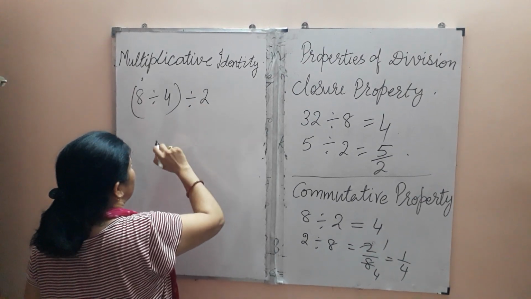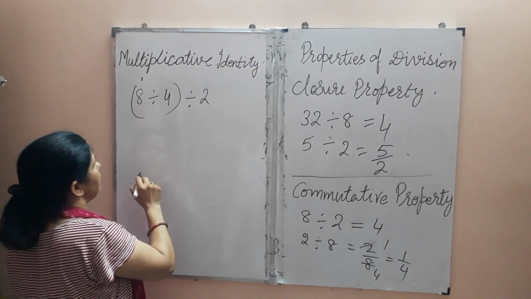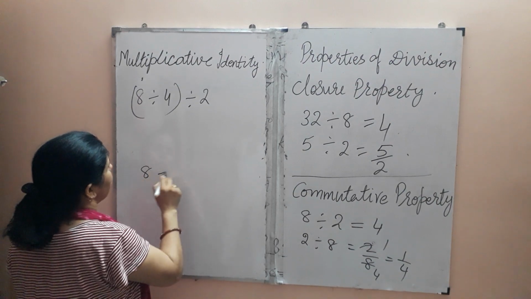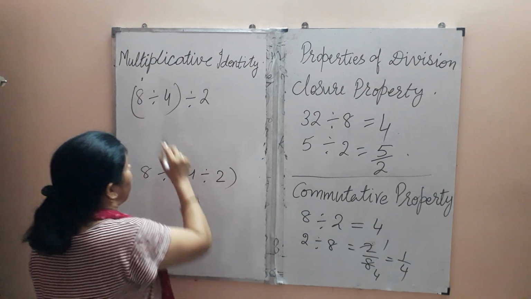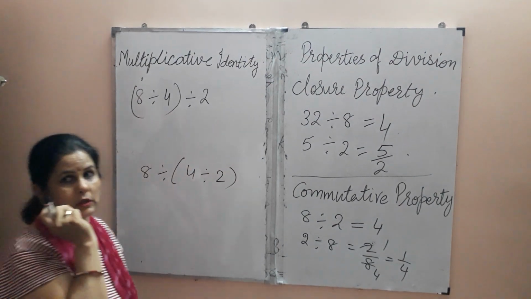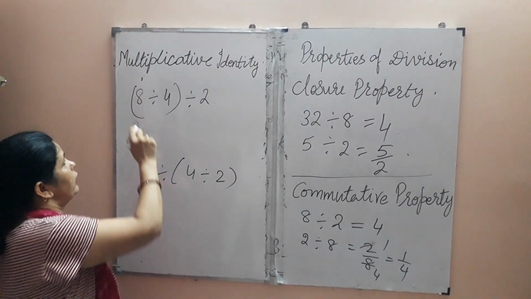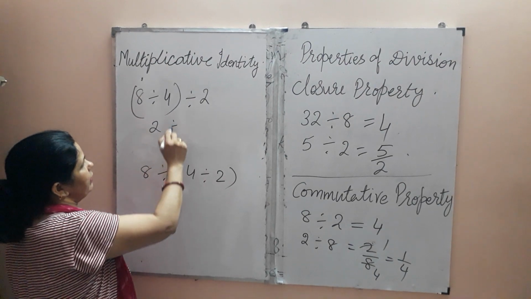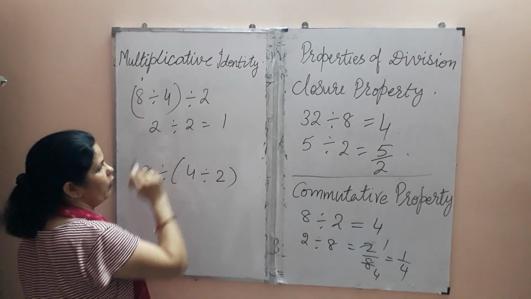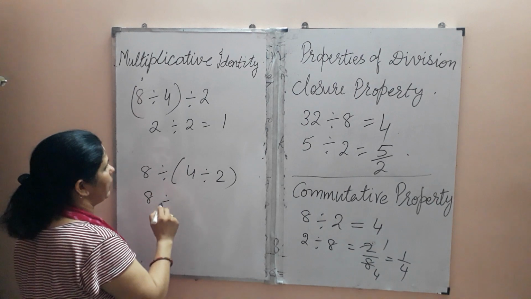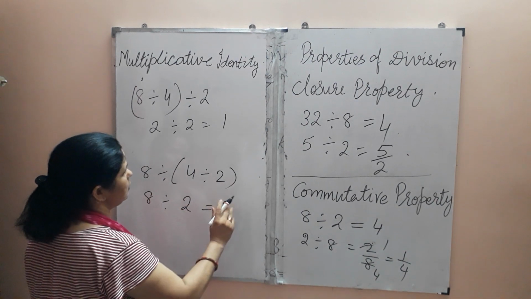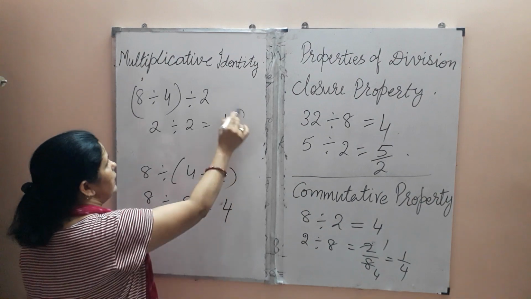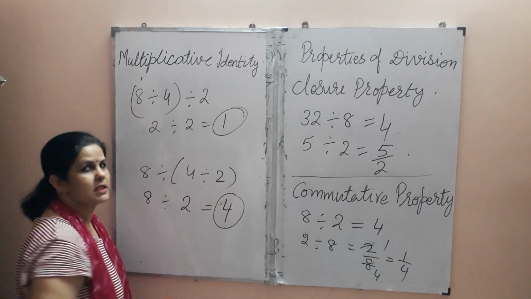This is one case, and the second is if we change the group. First we solve the bracket. 8 divided by 4 is 2, divided by 2 equals 1. In the other grouping, 8 divided by 2 is 4. So the result is not the same.